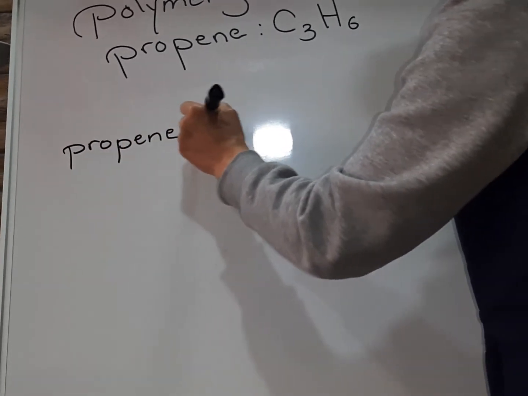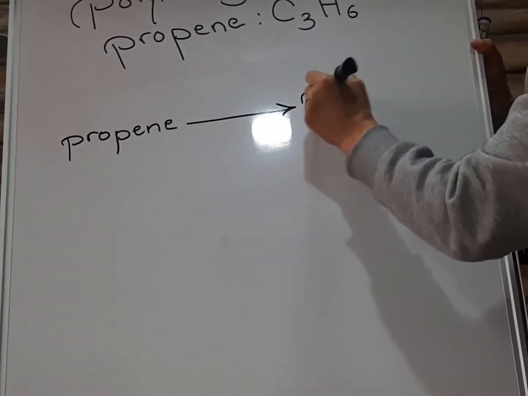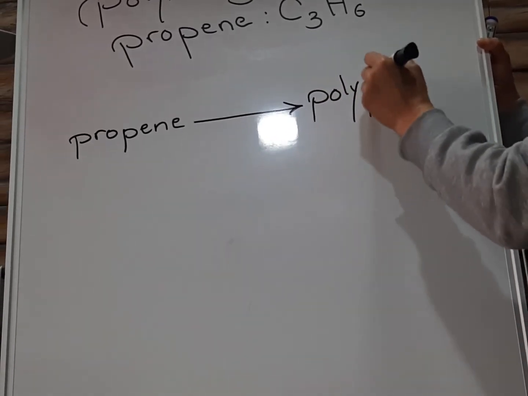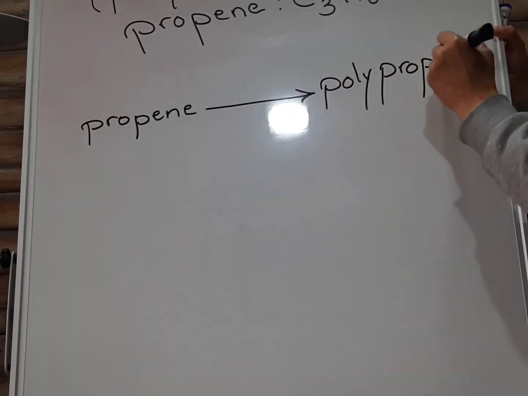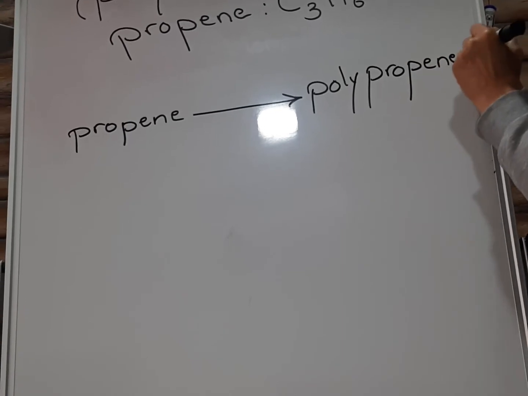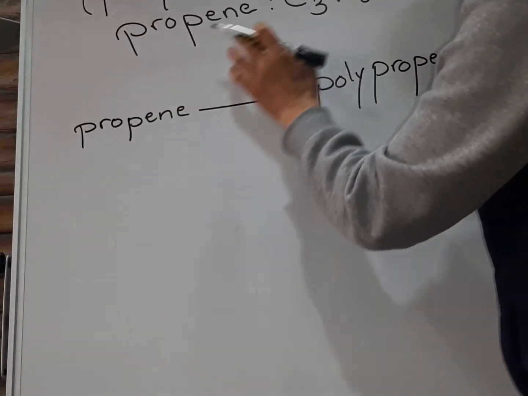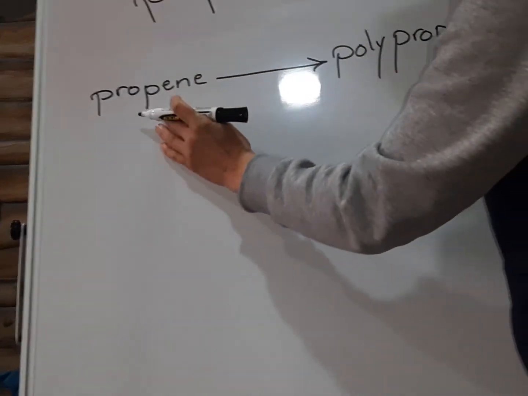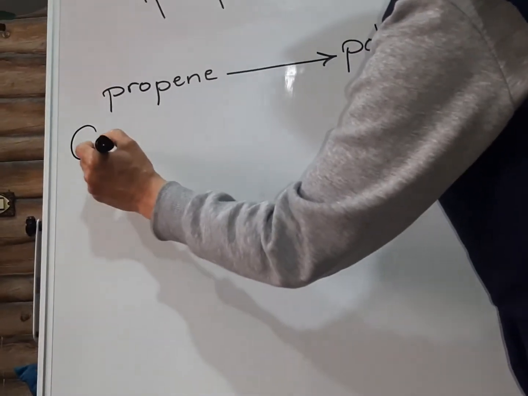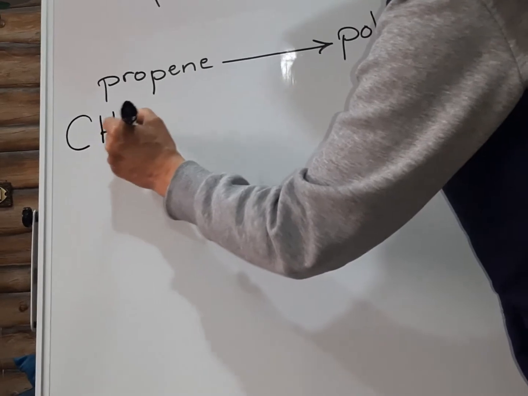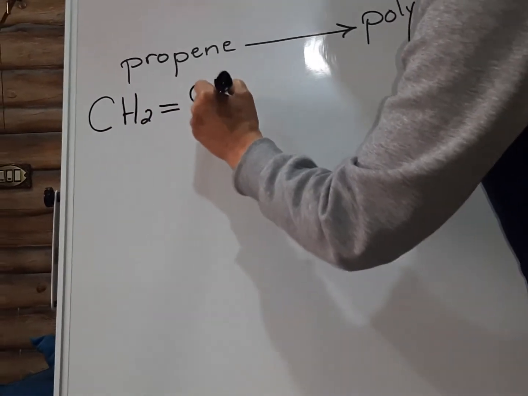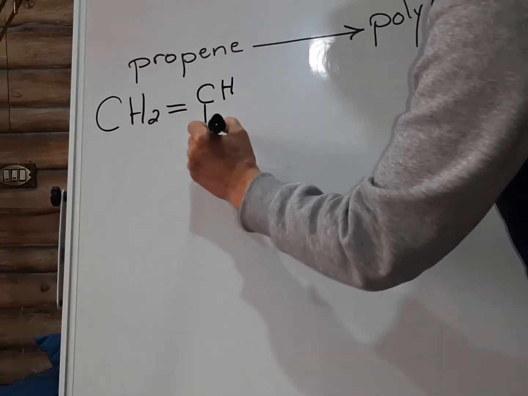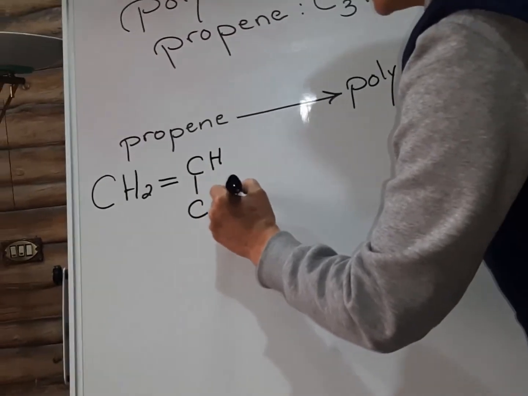Its polymerization must give polypropene. Propene, as we've said, is C3H6. Using the condensed structural formula, propene is CH2 double bond CH bond CH3.